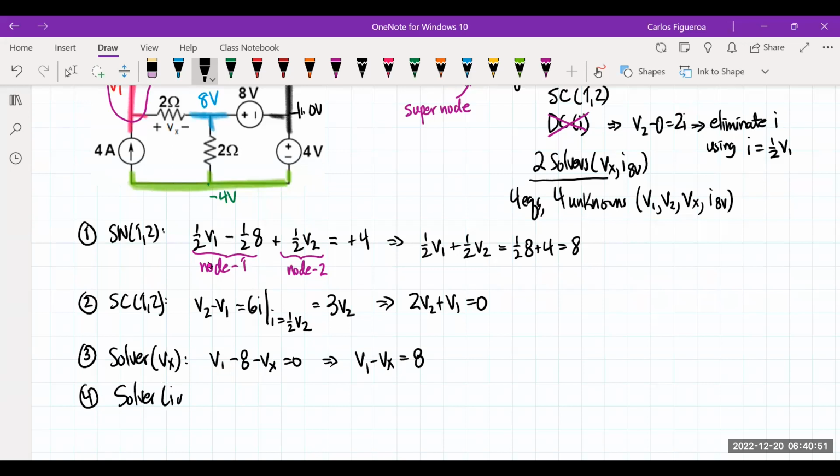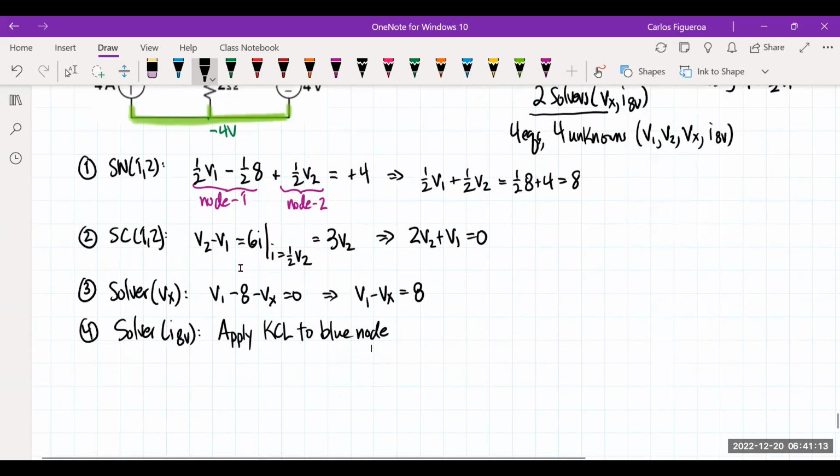And then my last solver is for the current of the 8-volt source. What I need to do here is that if I want the current, I have to apply KCL to the blue node. So let's draw it out.